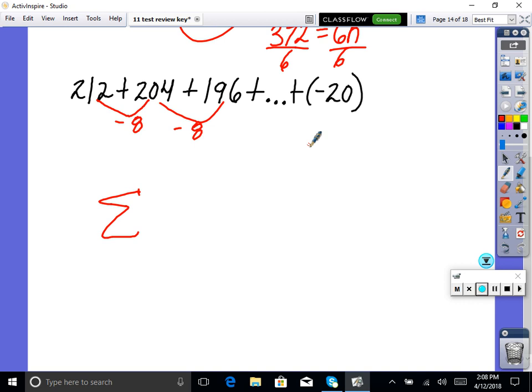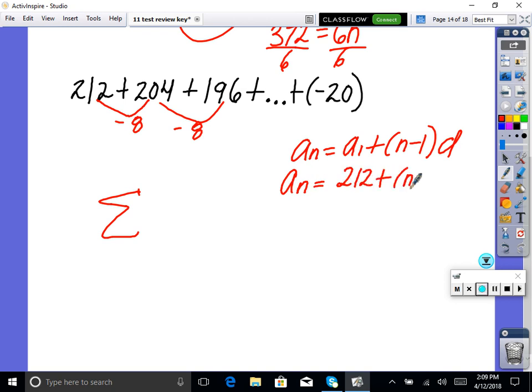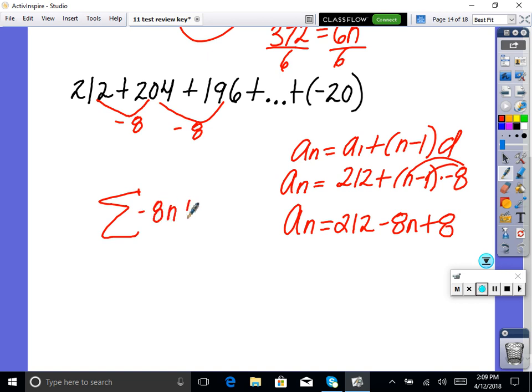So a sub n is equal to a sub 1 plus n minus 1 times d. So a sub n is equal to a sub 1, which is 212, plus n minus 1 times -8. Distribute -8 in. So we would have a sub n is equal to 212 minus 8n plus 8. So our explicit formula is -8n and then plus 220.